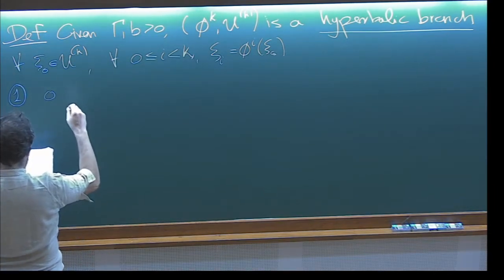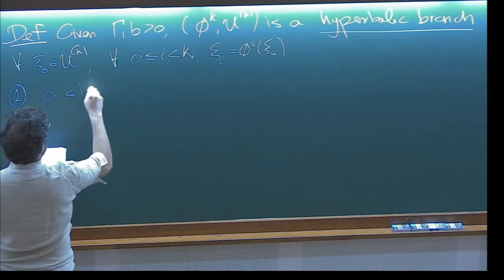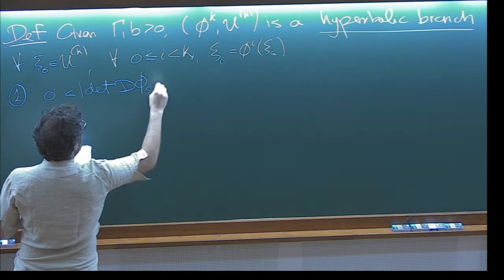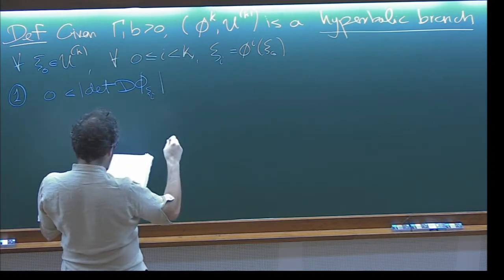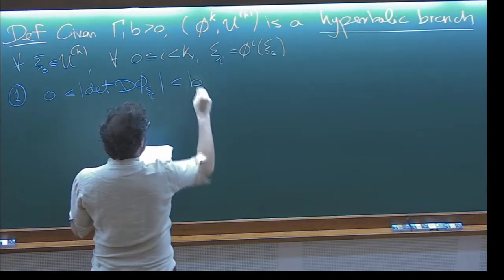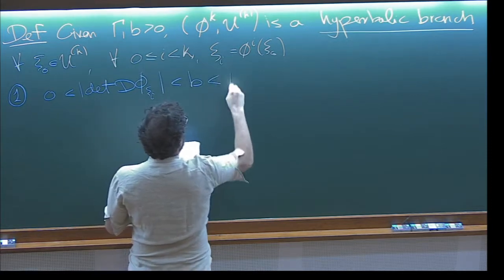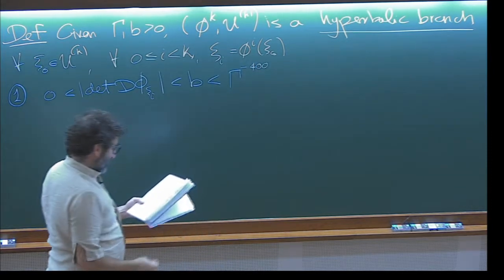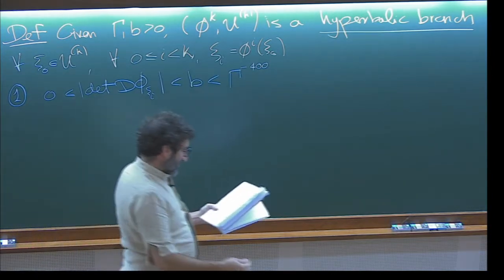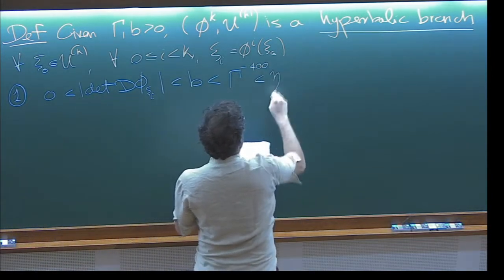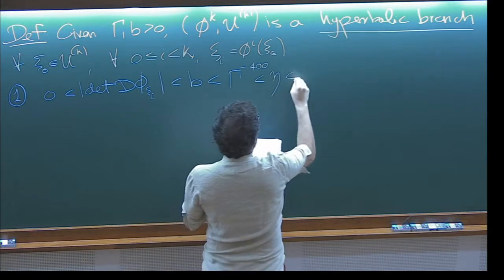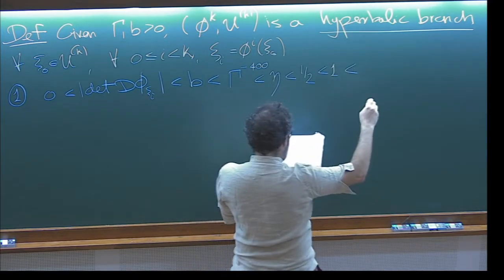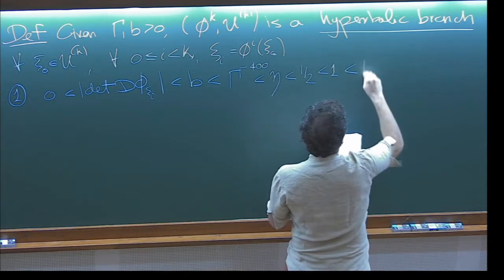We have that the determinant of d phi at psi i should be less than gamma to the minus 400. This quantitative bound will not be used in these lectures, but that's what we've got in the paper. Less than 1/2, less than 1, less than the derivative.